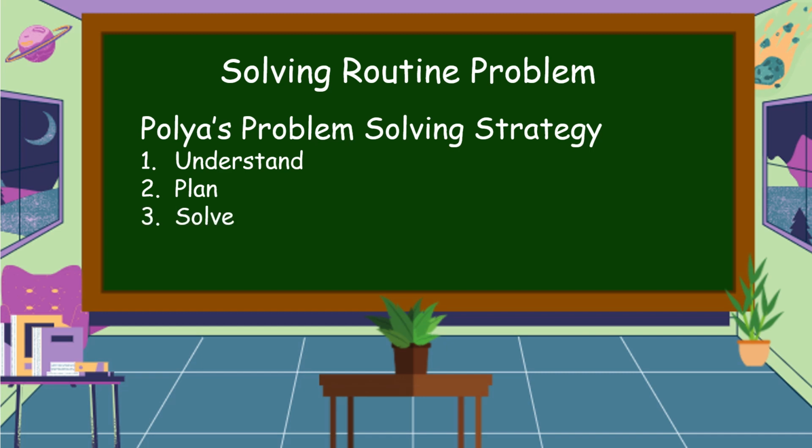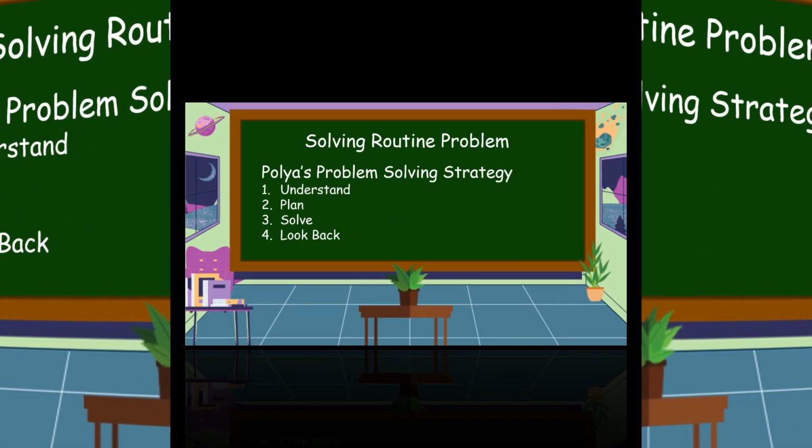Okay, next is we're going to solve or carry out the plan. So, dito, susolve na natin yung problem natin gamit yung ating plan. Next is we're going to look back or we're going to check if our answer is correct or not. These are the steps that we'll follow using Polya's strategy.